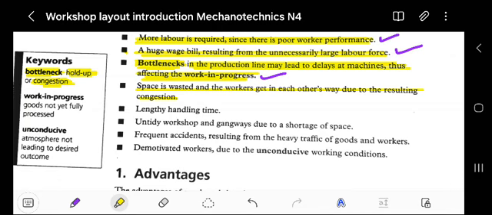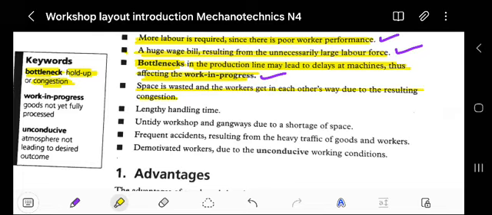If the space is small and many people are working there, obviously there will be traffic, incidents occur often, resulting in accidents and all those things.